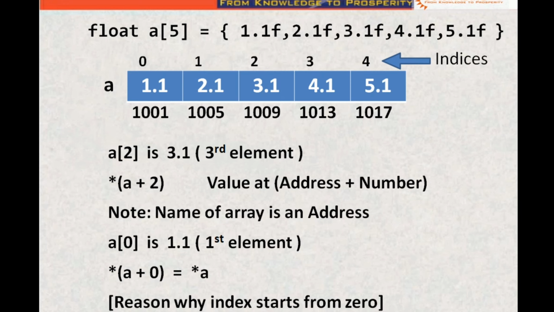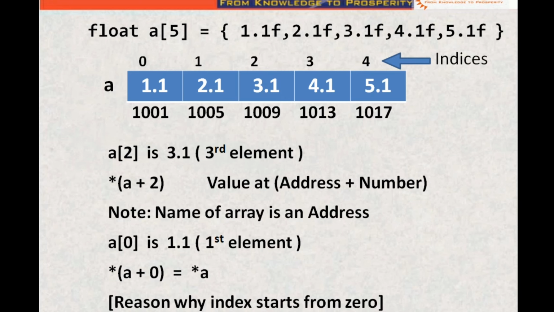Now consider the array as shown here. The third element here is 3.1, which we can access by saying A subscript 2, that is A big bracket 2, which actually for the compiler is star A plus 2.